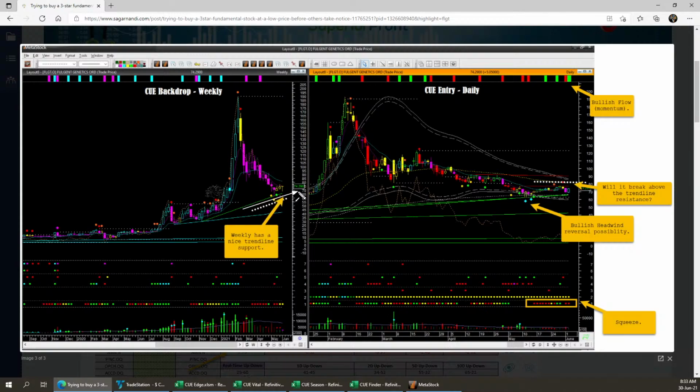The weekly was right at trendline support and daily was inside a squeeze, inside very narrow range. It had displayed multiple bullish headwind reversal signals at the very bottom, and then we had a bullish flow. In anticipation of a possible breakout, I took a long position at that time, 1 month ago. Let's look at FLGT now.